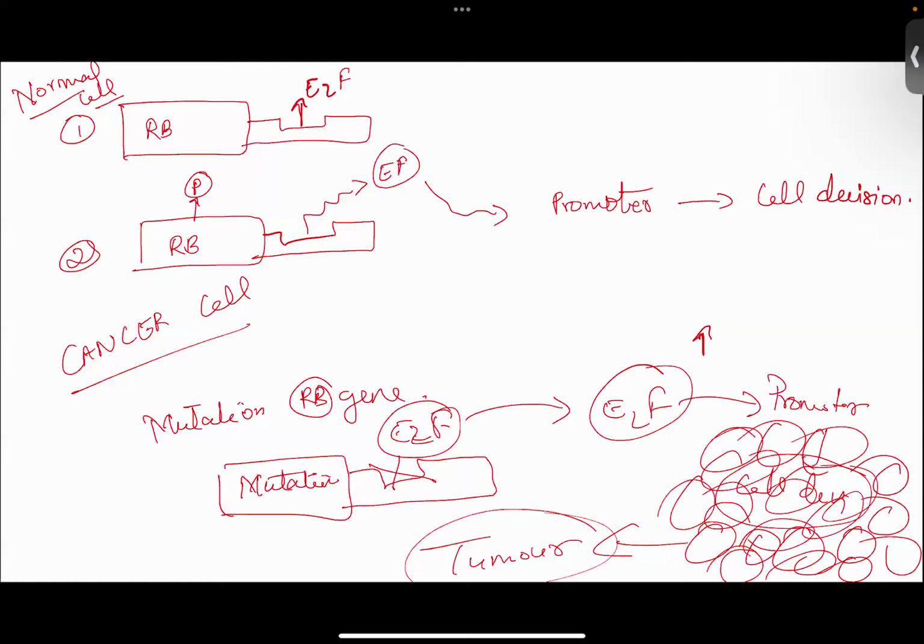Here it is in check. E2F is released only when RB is phosphorylated, when the cell asks for it. But in the case of mutation, this condition happens. It is commonly seen in retinoblastoma, the tumor of the retinal cells, usually in children.